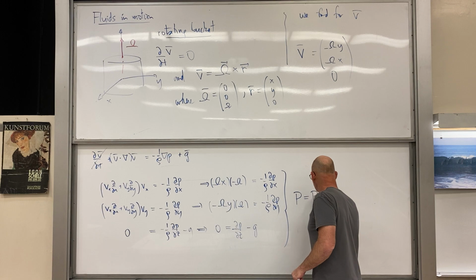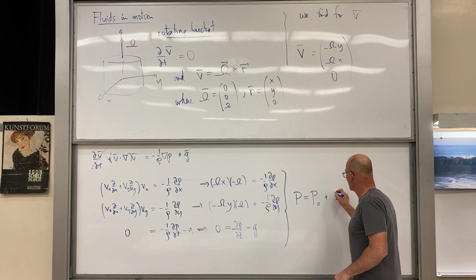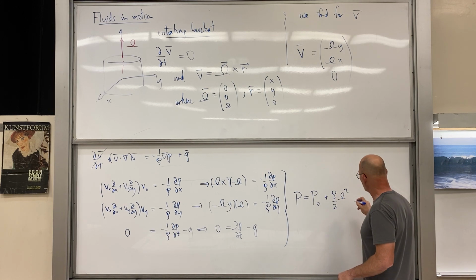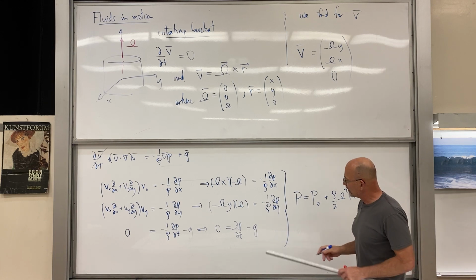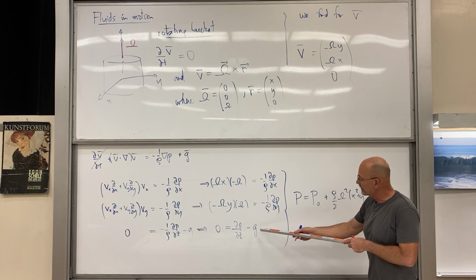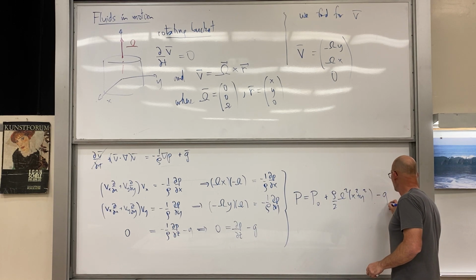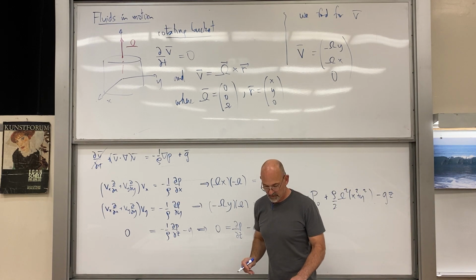It's going to be P0 plus rho over 2 omega squared (x squared plus y squared). And then here, dp dz is going to be minus g, so we'll have minus gz. And that's our pressure distribution.